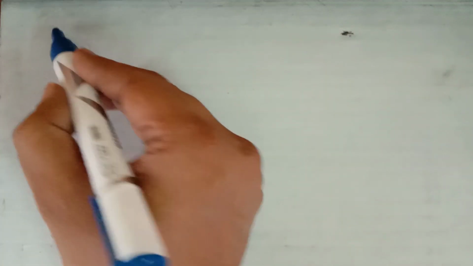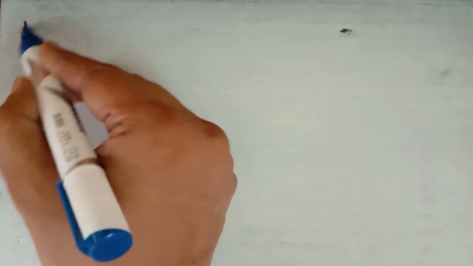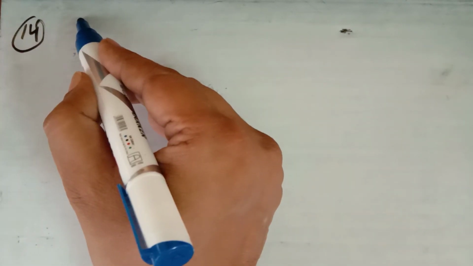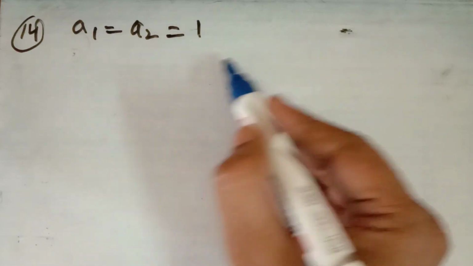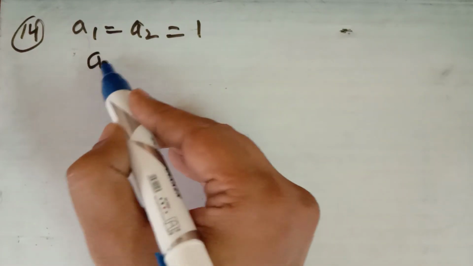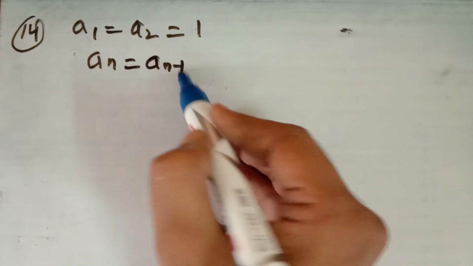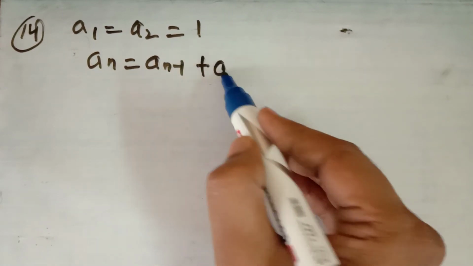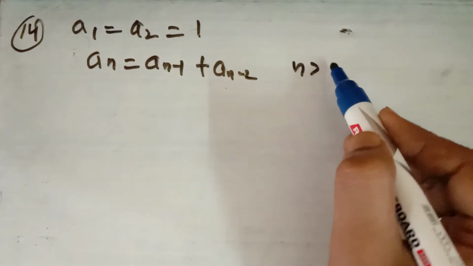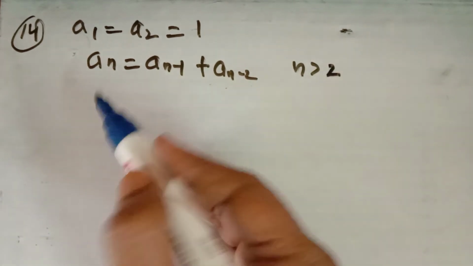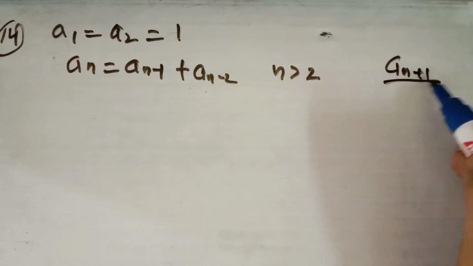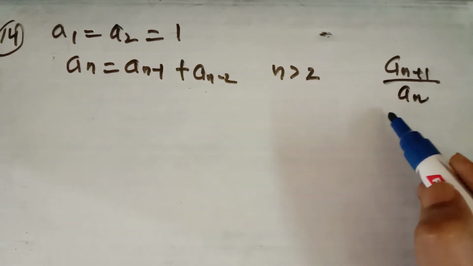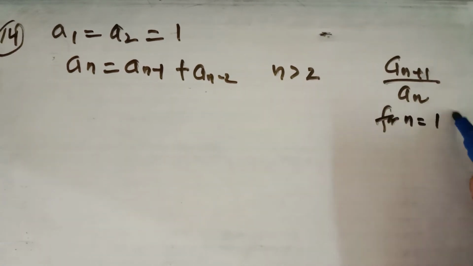Now see the last question very carefully. What is given in it? It is 14. It is given that a1 is equal to a2 is equal to 1, and it is given that a(n) is equal to a(n minus 1) plus a(n minus 2) when n is greater than 2. So you have to find a(n plus 1) upon a(n) when n is from 1 to 5.